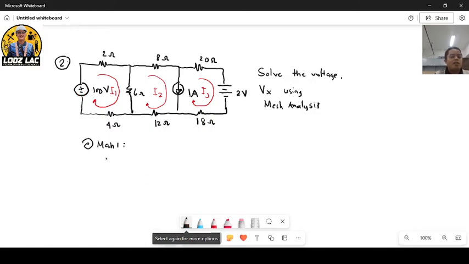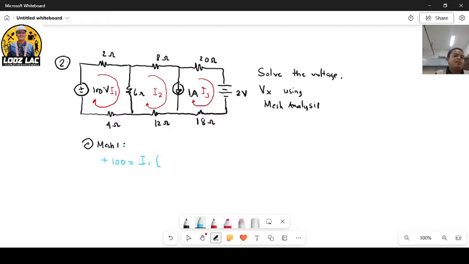I said this last time, positive 100 volts is equal to mesh current I1 times the sum of all resistors inside mesh 1.